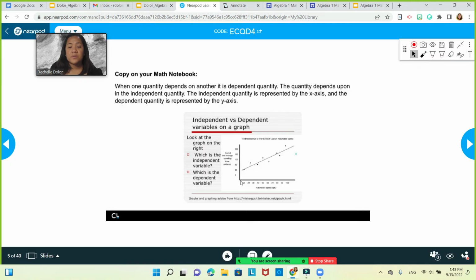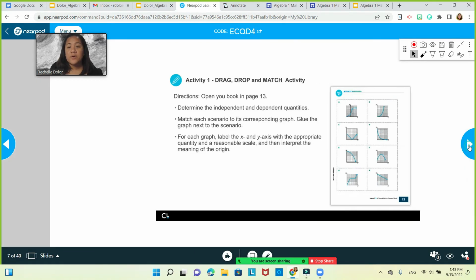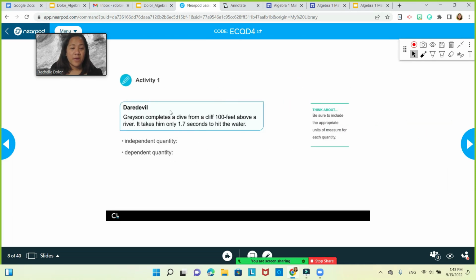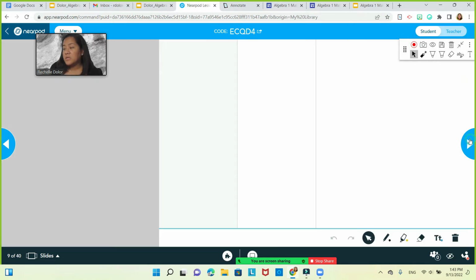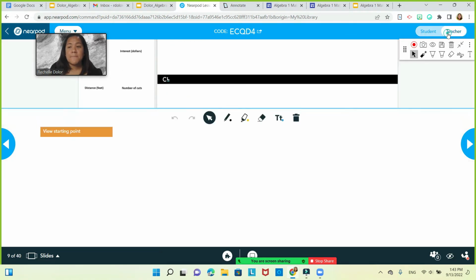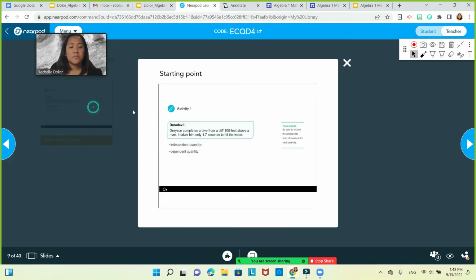So we're going to do our best here. We're not going to do the graph, but identify the independent and dependent quantity. So example here, right? Daredevil Grayson completes a dive from a cliff 100 feet above a river.